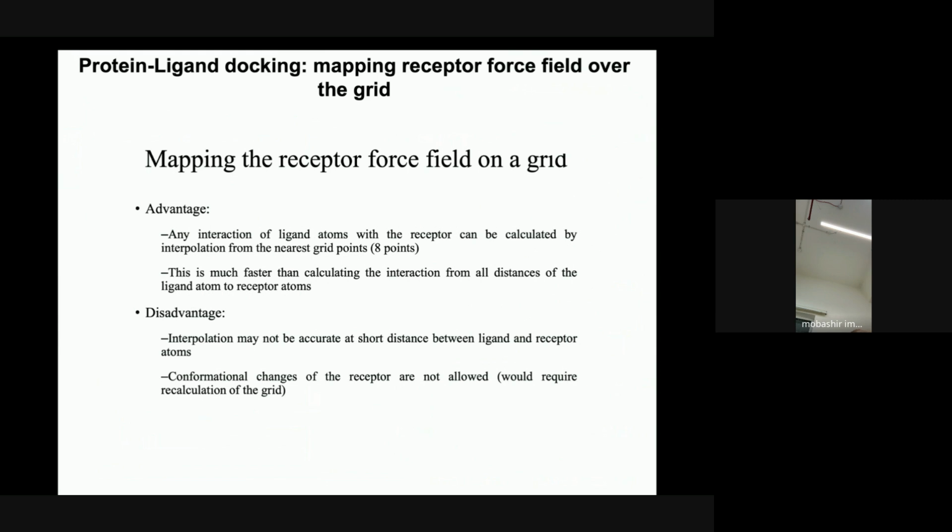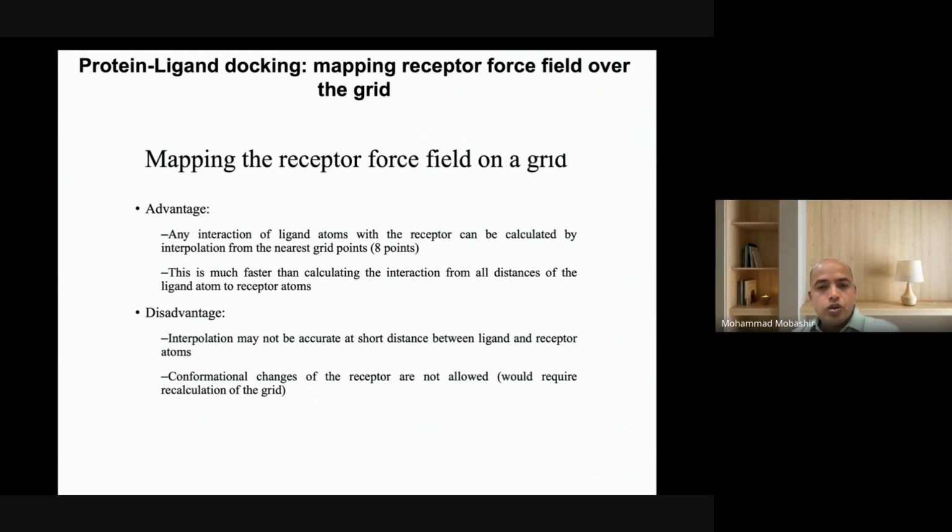Disadvantage: the most common disadvantage is that interpolation may not be accurate at short distances between ligand and receptor atoms. Conformational changes of the receptors are generally not allowed, but in our approach, we have allowed the conformational changes also.